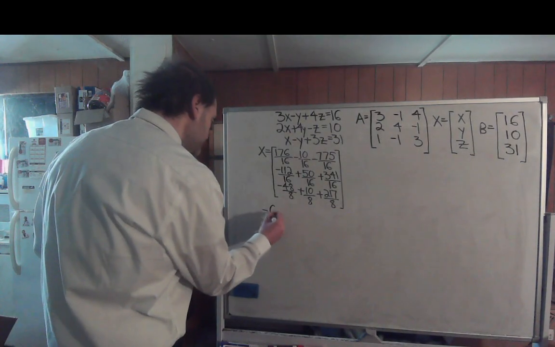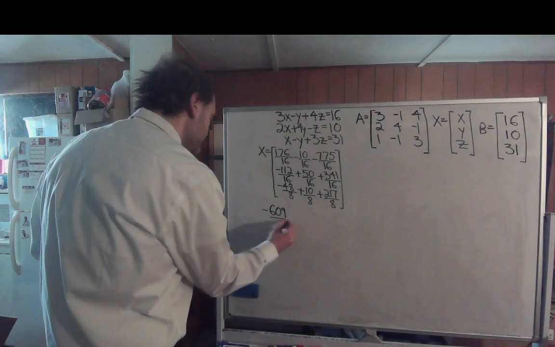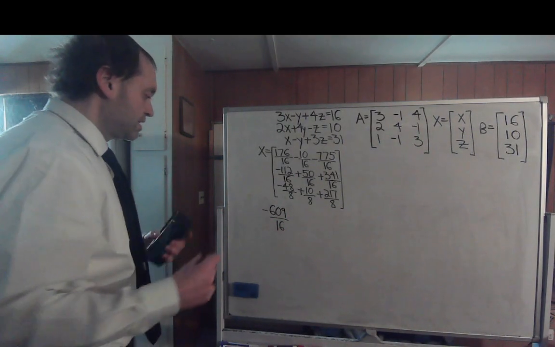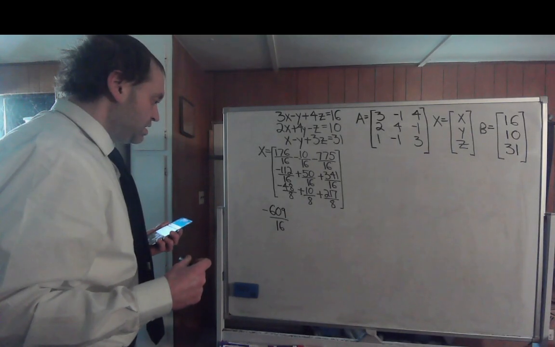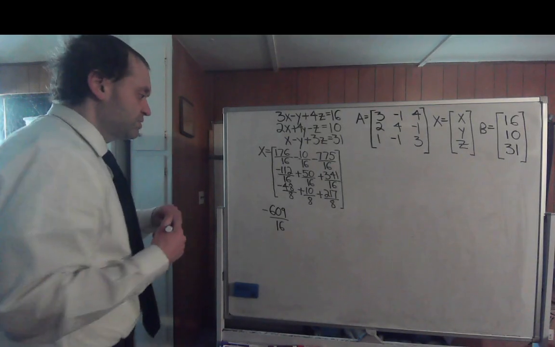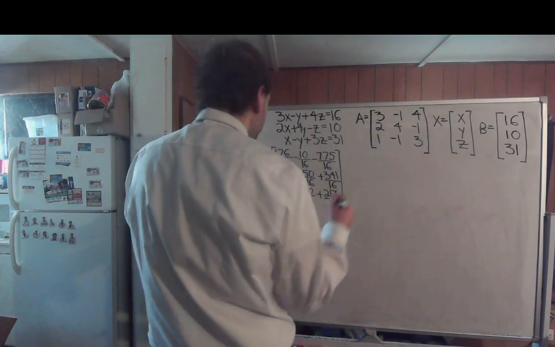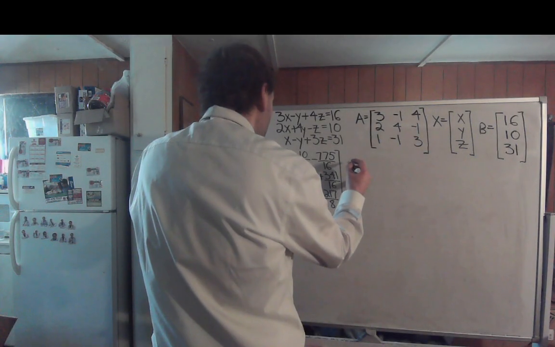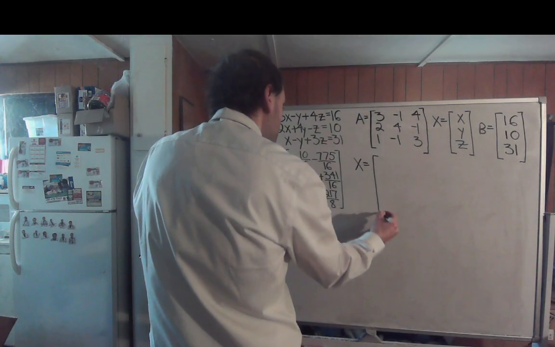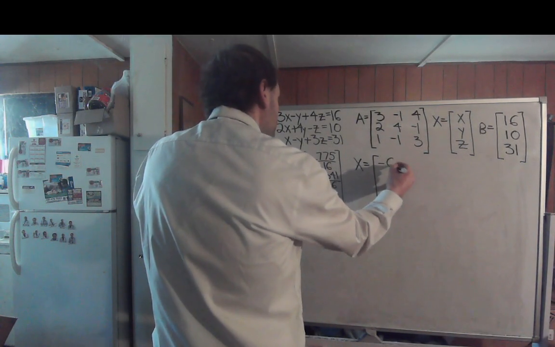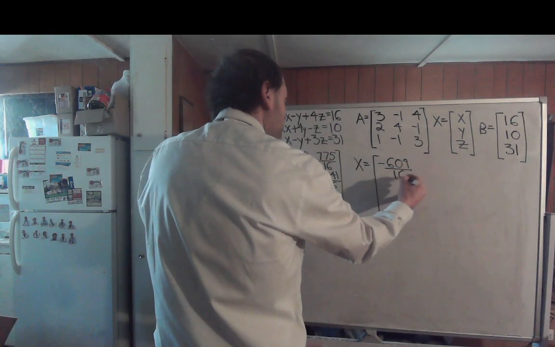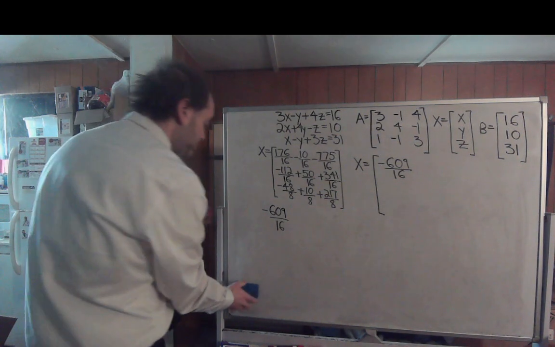So negative 609 over 16, does that reduce any further? Well, it couldn't because even and odd numbers there, so no, it couldn't. So first entry, which will represent your x value, is negative 609 over 16.